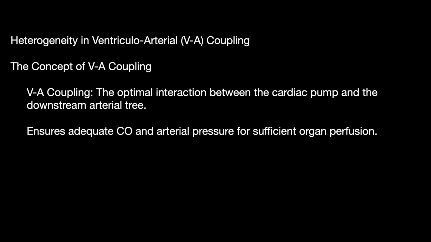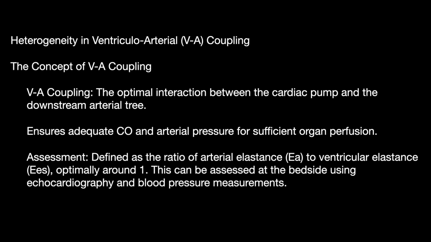It ensures that you get a good cardiac output and the arterial pressure is sufficient to maintain organ perfusion. It is defined as the ratio of the arterial elastance to the ventricular elastance, that is Ea by Ees. Optimally it should be around 1. This can be assessed at the bedside using echo and blood pressure measurements.